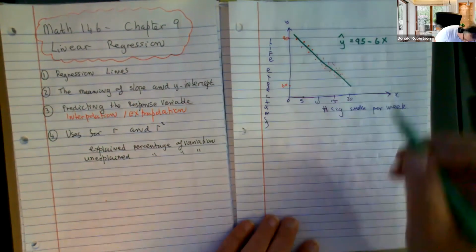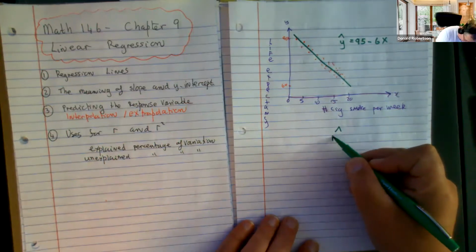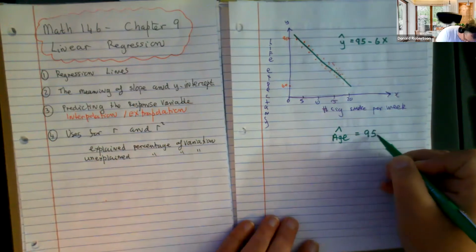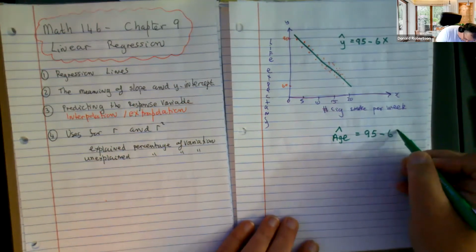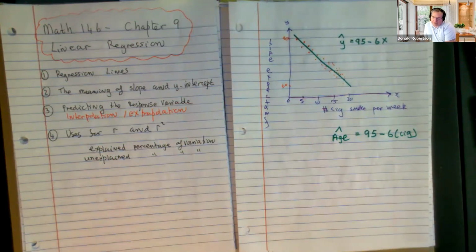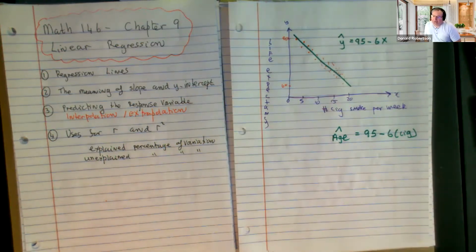And that's what it looks like algebraically. You could do it like this. Your predicted age that you live to is 95 take away 6 times the number of cigarettes. If you write it that way, doesn't the formula look a little bit more obvious in what it's doing, right? This guy is that guy, right?